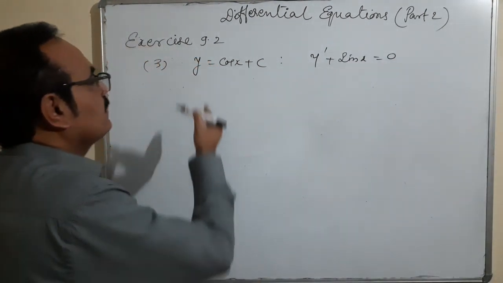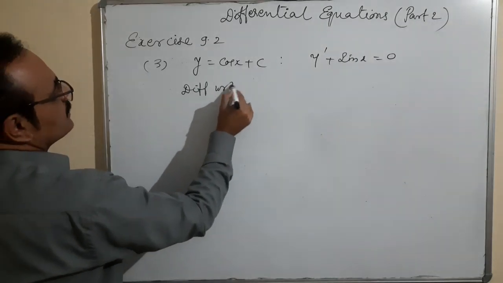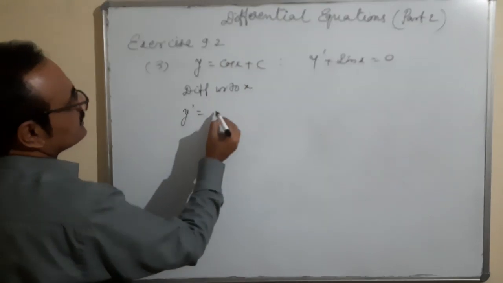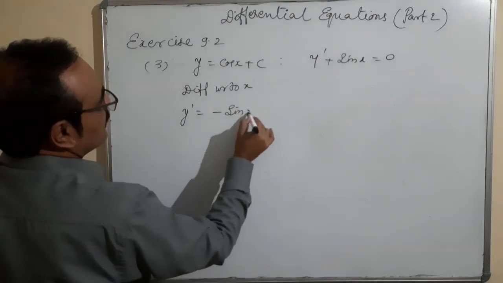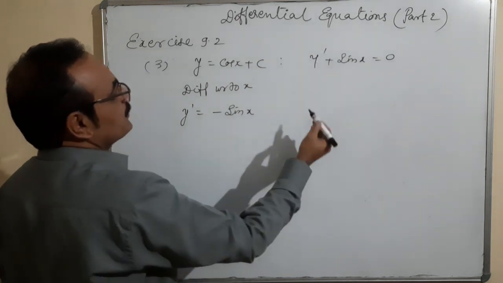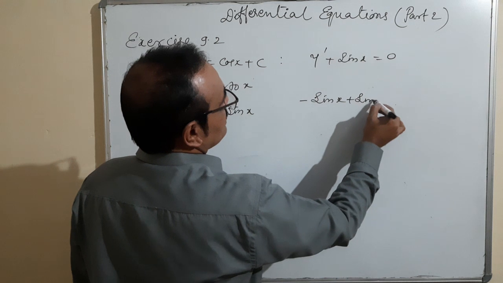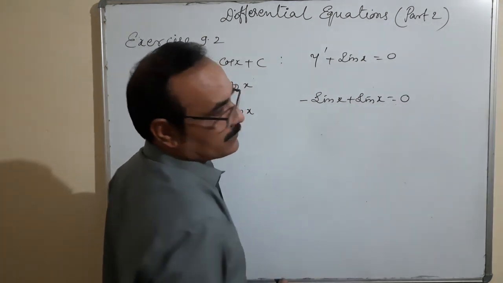Okay. Differentiate with respect to x. y dash is equal to the differentiation of cos x, which is minus sin x, plus 0. We'll put the value here. Minus sin x plus sin x is equal to 0.